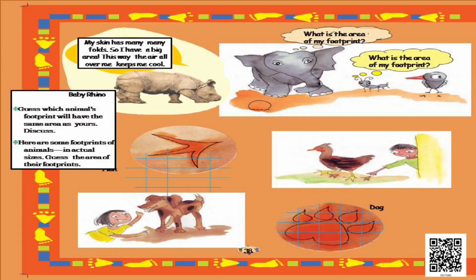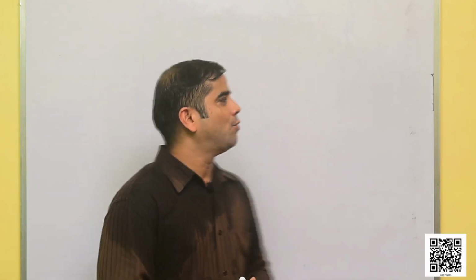Okay? Students, in your next page, we are going to learn about finding the area occupied by the skin of different animals. How can we find out? We know that some animals have their skin folded. So, the more the fold, the more is the area of the skin. Why?